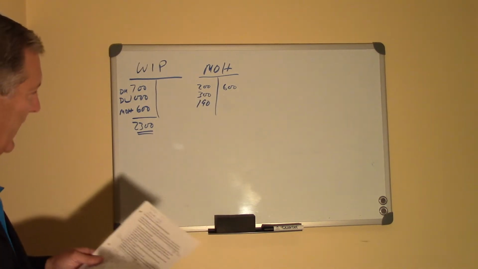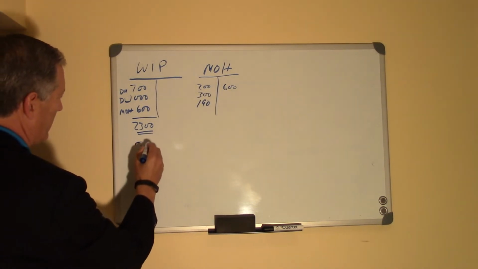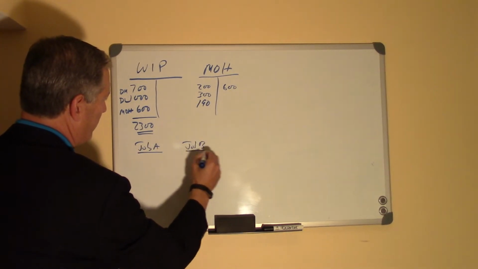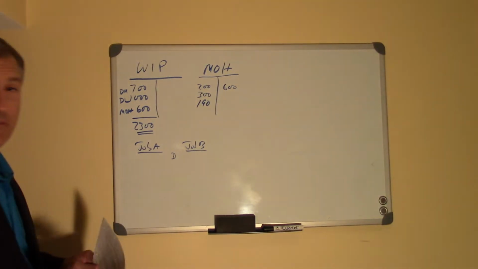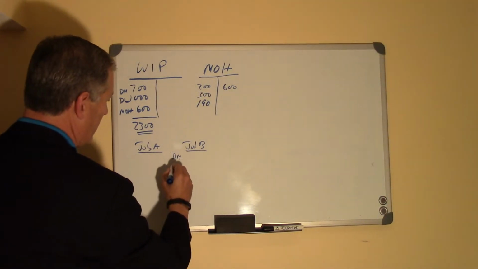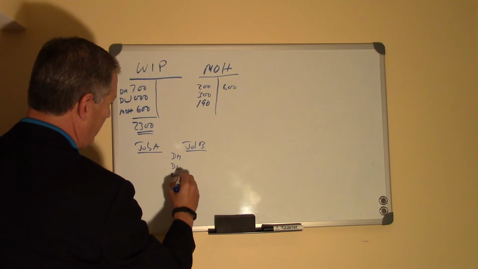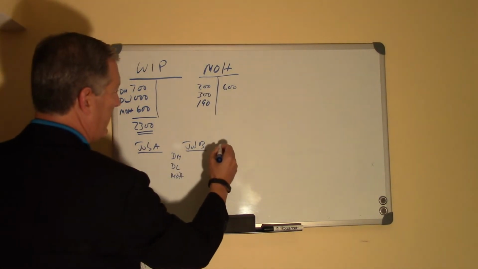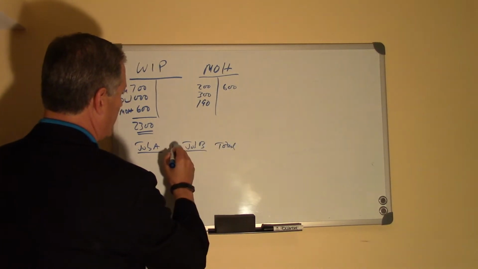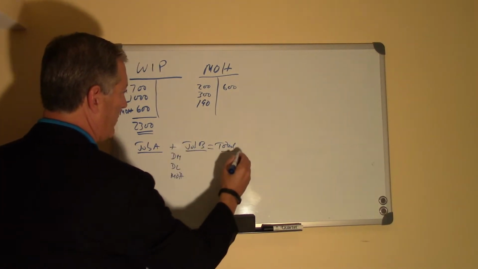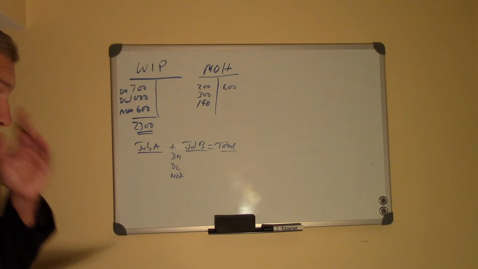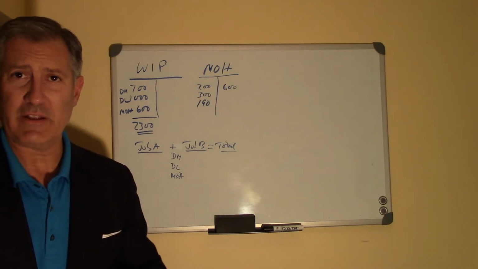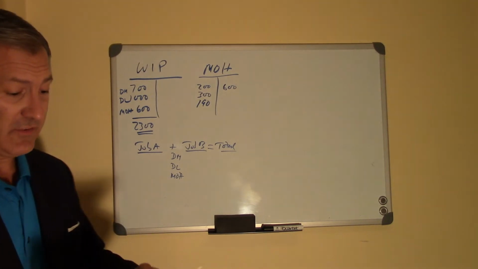Let's take a look at job A and job B. Again, remember we have three components: direct materials, direct labor, and manufacturing overhead. And let's put a total over here, because job A plus job B equals our total costs that we're tracking. And where do we get the detail? Well, we have to go back into the problem, into the transactions, and look at what they said.